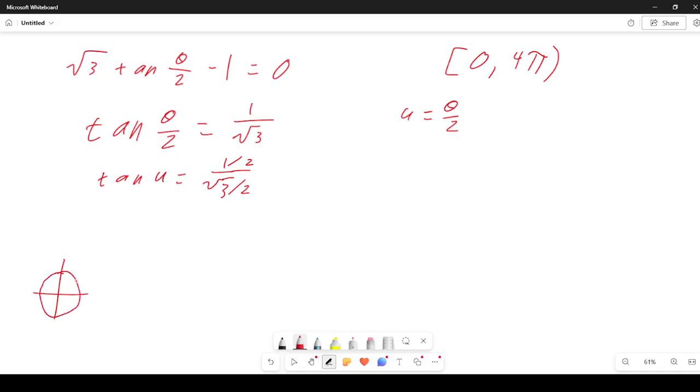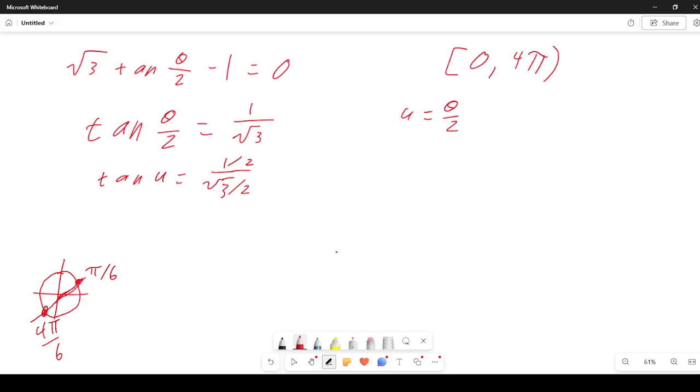So over here is pi over 6. And then at the opposite side would be 4 pi over 6. So they're off by pi halves, so... Well, anyway, what are my answers?